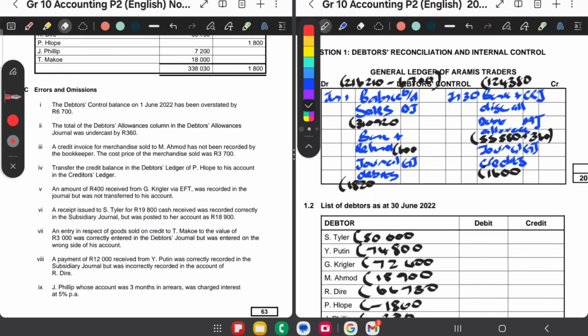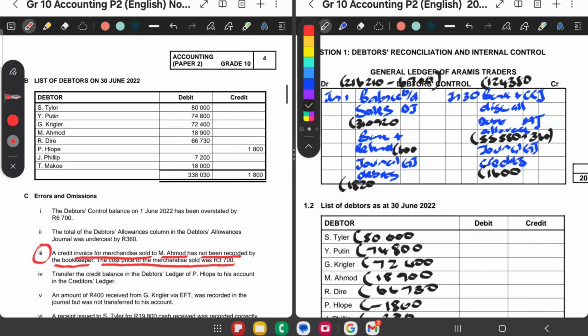Okay, next, we have a credit invoice. An invoice for merchandise that we sold to M. Ahmed, and this has not been recorded. So an invoice has not been recorded by the bookkeeper. The cost price of the merchandise was 3,700. Remember, when we sell goods, we sell it using the selling price.